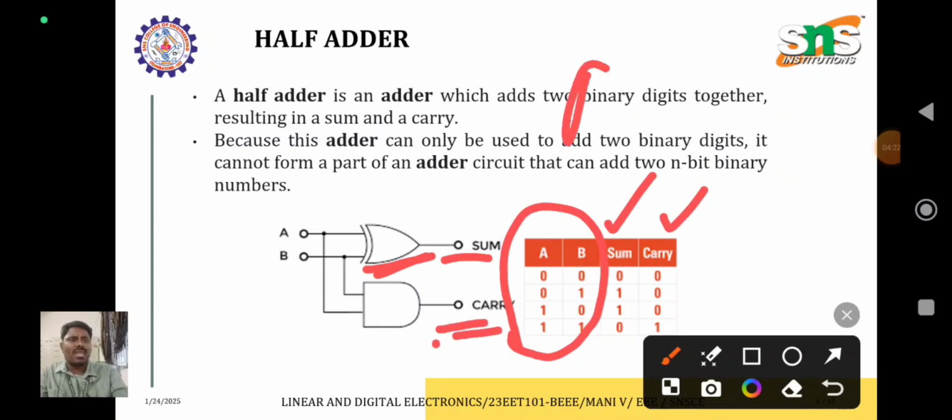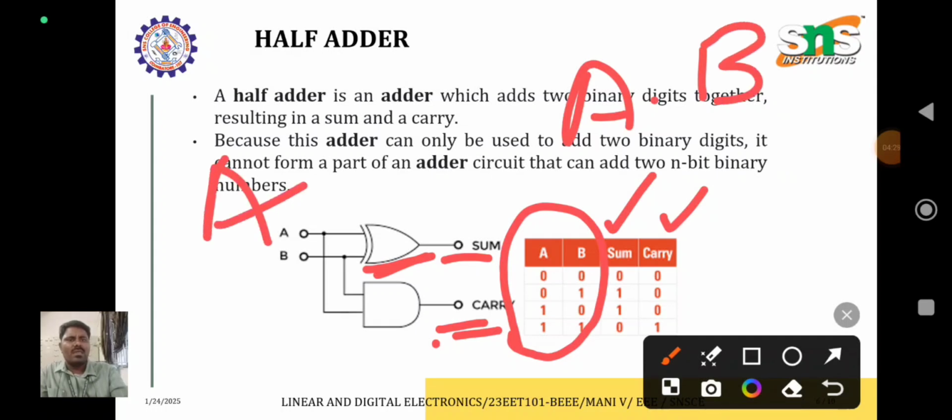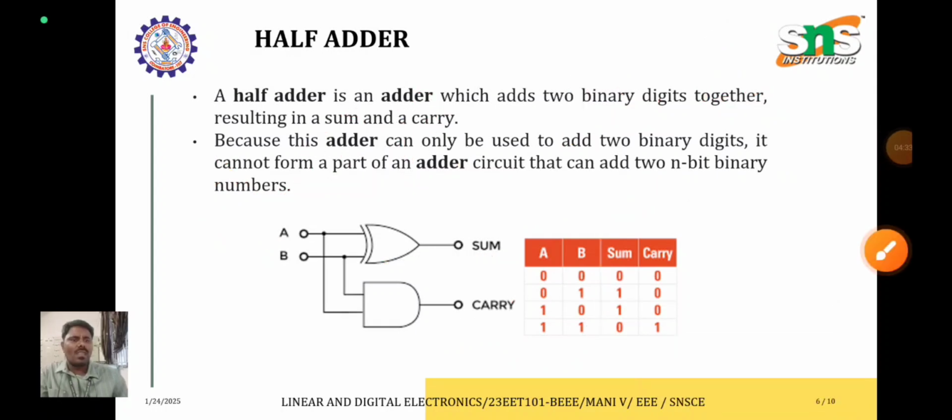So carry is the multiplication A into B, and sum is A exclusive-OR B. If you add the two inputs A and B: 0 plus 0 is 0, 0 plus 1 is 1, 1 plus 0 is 1, and 1 plus 1, the sum is 0 and the carry will be 1. This is nothing but a half adder.